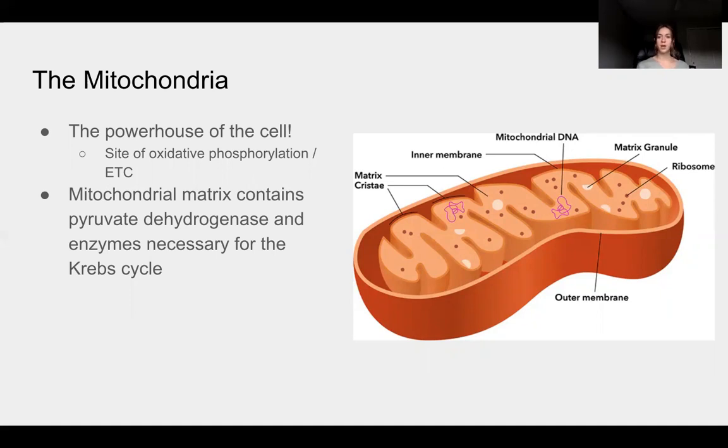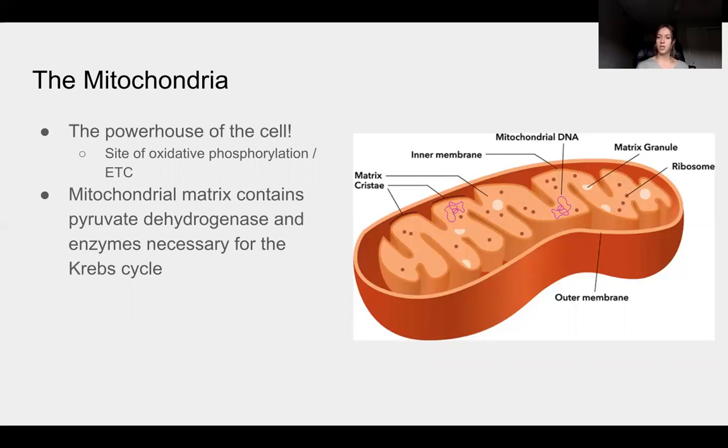Obviously, we all know the mitochondria as the powerhouse of the cell, because this is where we have oxidative phosphorylation and the electron transport chain. We're making a lot of ATP within the mitochondria, which we talked about a little more in week 4, I believe, or week 3. It was our lecture about cellular metabolism.